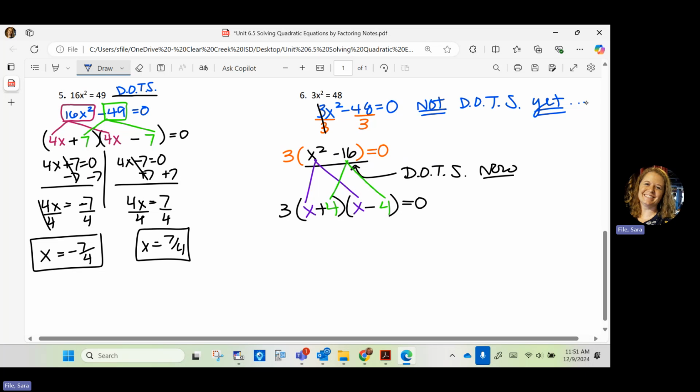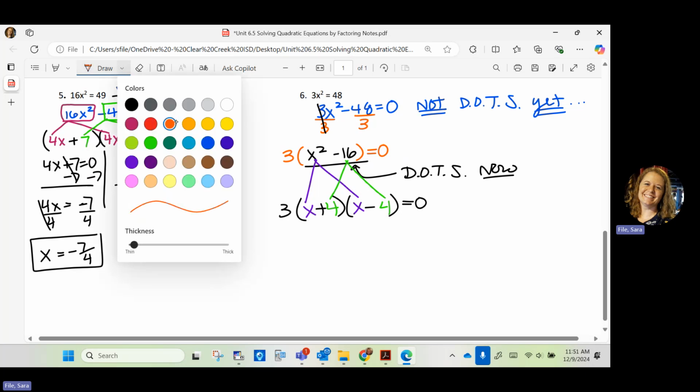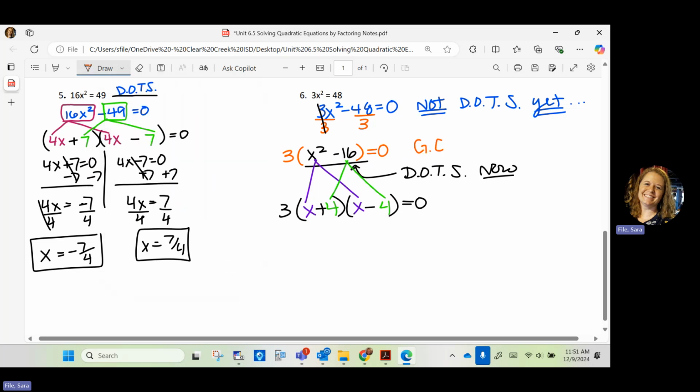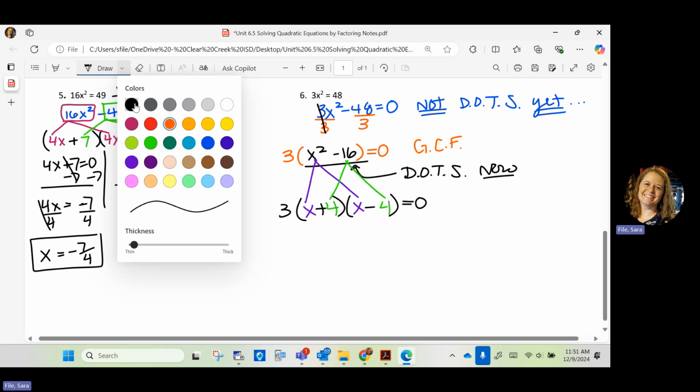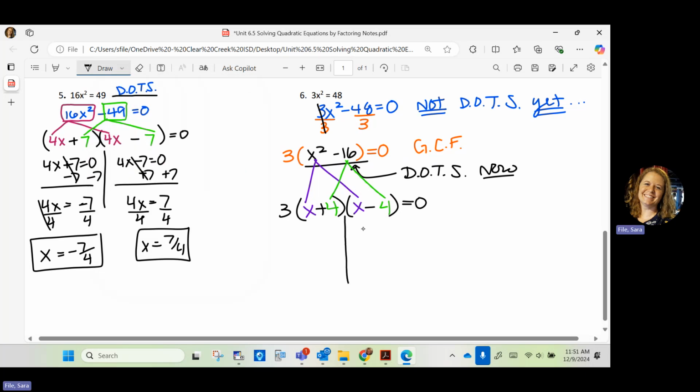But when I took out the GCF, remember GCF stands for greatest common factor, then it became a difference of 2 squares. So to split and solve, I would set the x minus 4 equal to 0 and add the 4 over. I get positive 4.